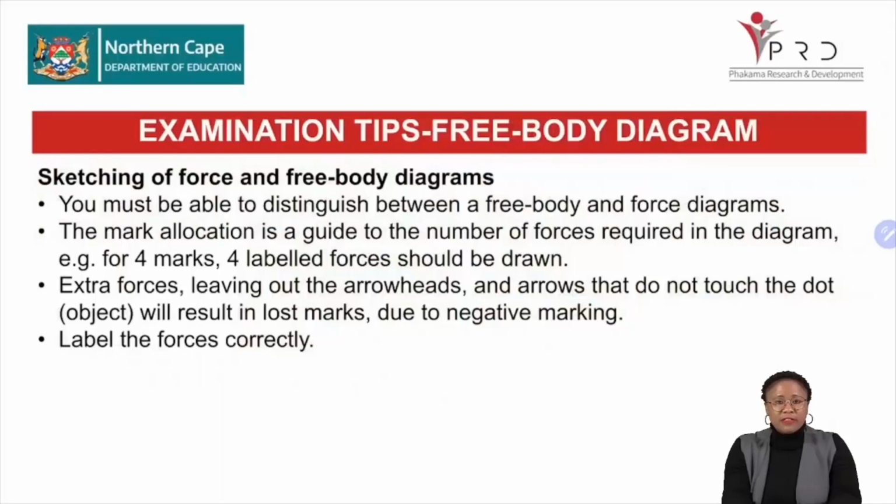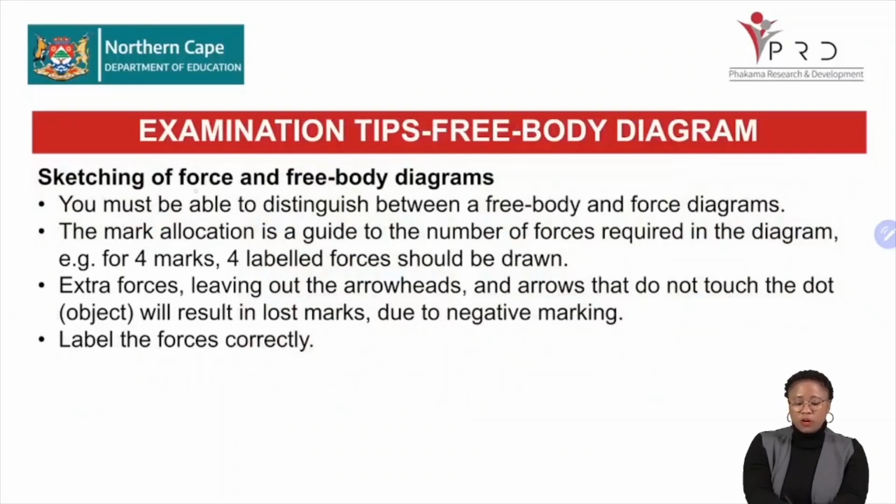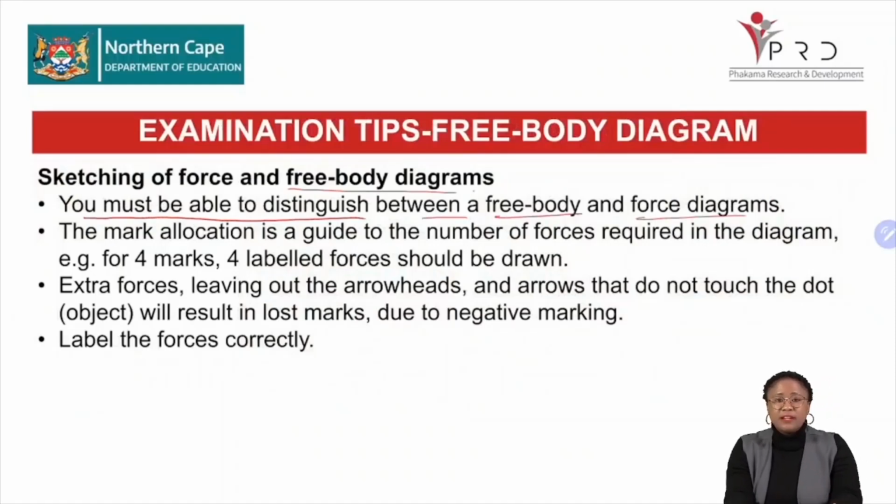Now, here are some exam tips for when we are dealing with free body diagrams, that is, sketching free body diagrams. You must be able to distinguish between a free body diagram and a force diagram. In a free body diagram, you represent the object with a dot, while in a force diagram, you draw the actual object and indicate the exact position of your forces.